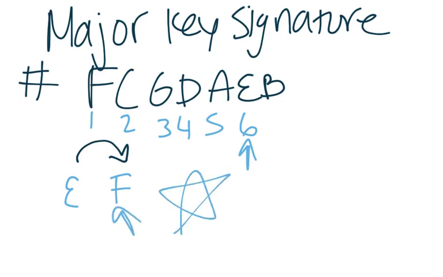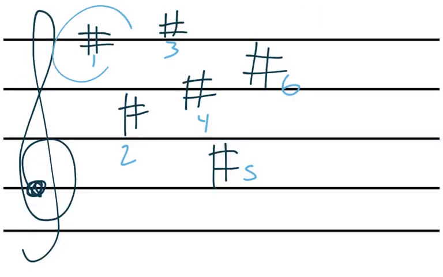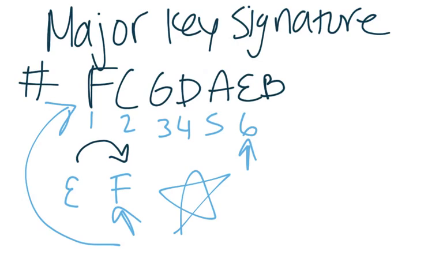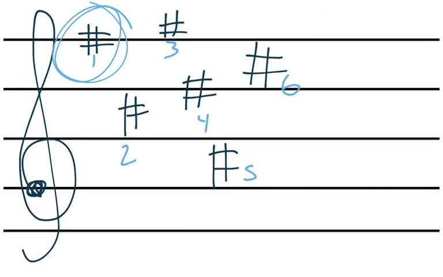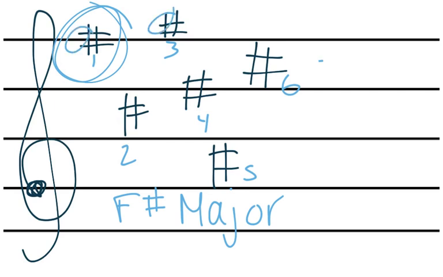Since F already has a sharp in the key, this key, instead of being F major, is actually F sharp major. So if the name of the key has a sharp within the key itself, like any of these right here, then the name of the key also has a sharp.